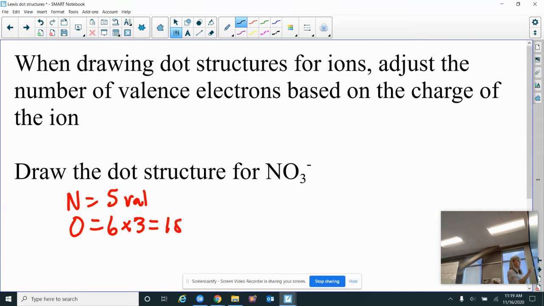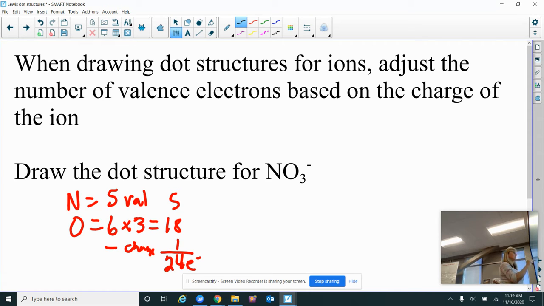So that's 18 and 5. And now that minus sign means that there's one more electron. Okay, if it were -2, we'd add in 2 electrons. If it were -3, we'd add in 3 electrons. So -1 charge means we add in one more electron. So we have 24 electrons to place.